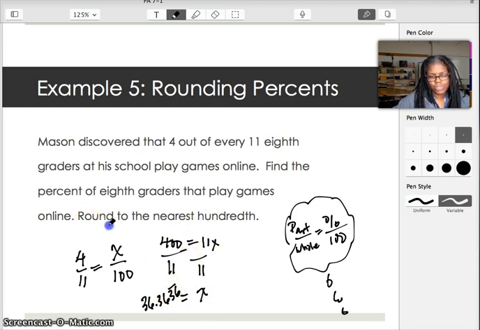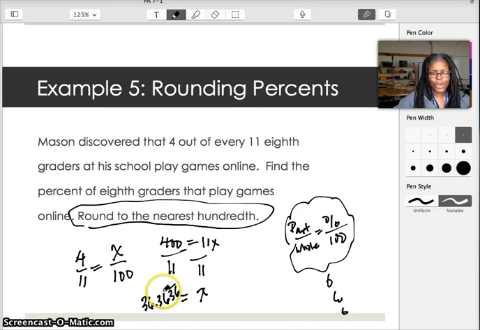And so we were asked to round to the nearest 100th. Do we remember what term the 100th is? It's the second term, right? It's right here. So what would we round to? It would stay just there. So we see that 36.36% of 8th graders at Mason's school play video games online.